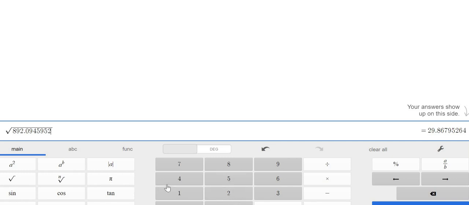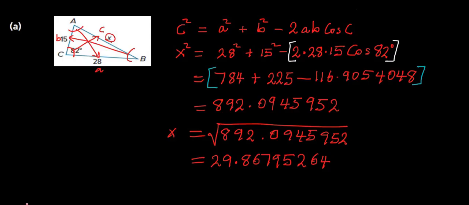That gives us 29.86795264. If we approximate this to the nearest tenth, then this will become 29.9. So this becomes the final answer to this question.